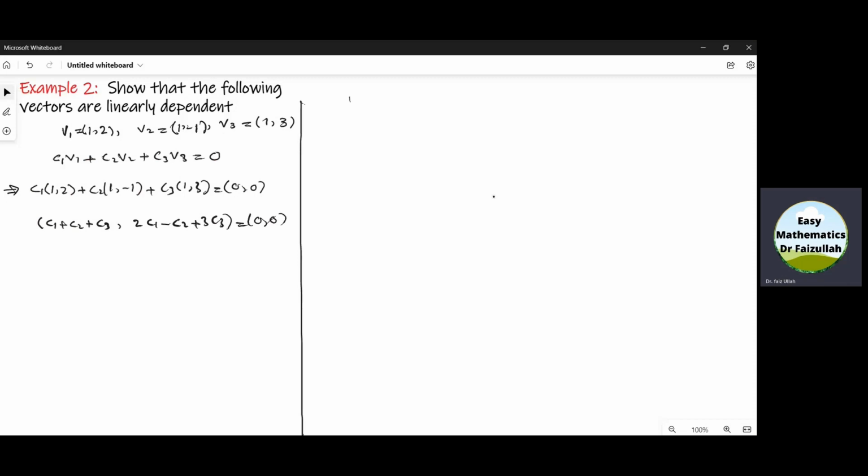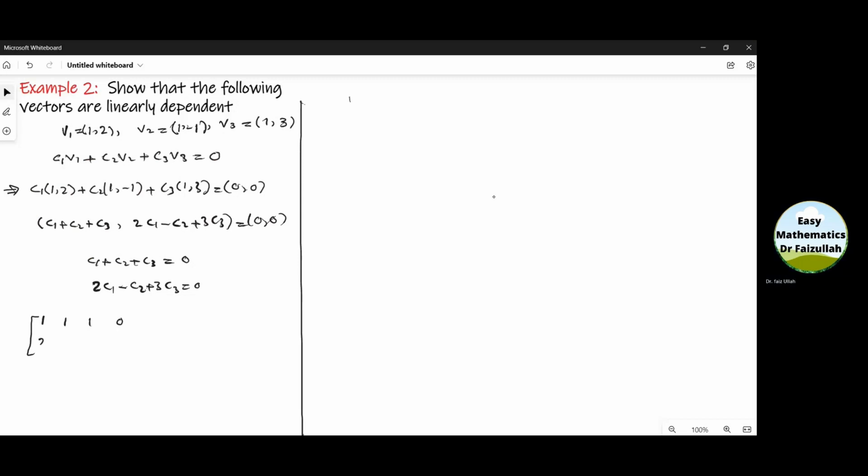From this we get a system of equations: C1 plus C2 plus C3 equal to 0 and 2C1 minus C2 plus 3C3 equal to 0. Let us write the augmented matrix. So we have 1, 1, 1, 0, then 2, -1, 3, 0.